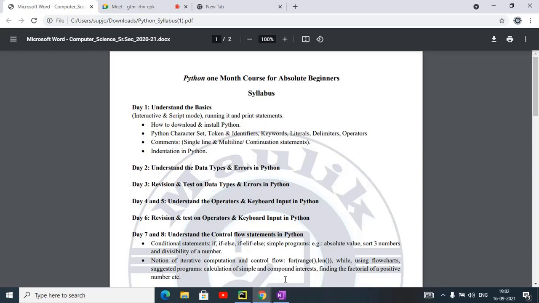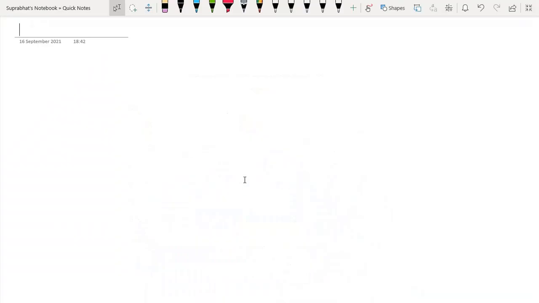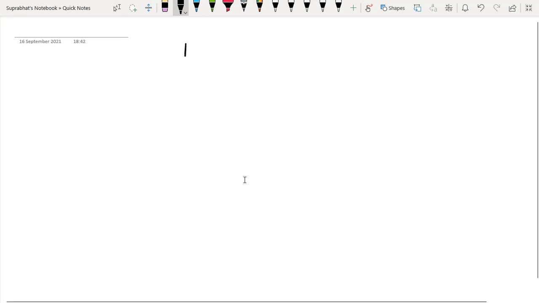So, what is a membership operator? A membership operator checks the presence of an item in a collection. A collection can be a list, tuple, set, anything.